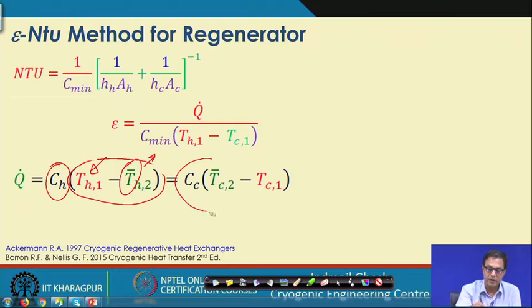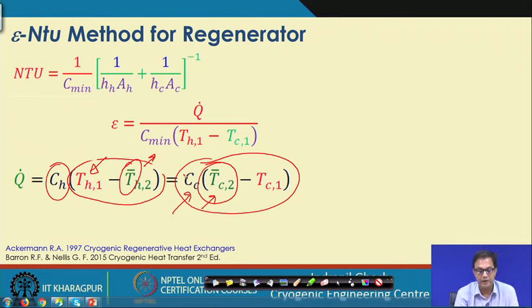Similarly, in case of a cold fluid, if it is the minimum capacity fluid, we will take CC as the minimum capacity fluid, and in that case we define this average exit temperature of the cold fluid, whereas TC1 is the entry temperature of the cold fluid. So, this is how we define the hot and cold average temperatures.